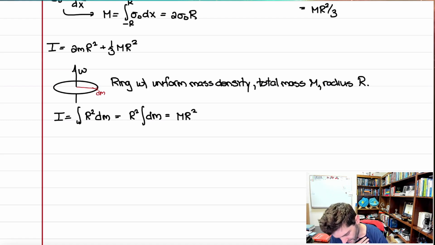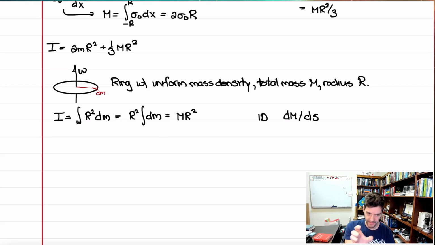Well, if it's a 1D mass density, then that means dm over d, some 1D arc length. This really is a 1D problem because mass is only distributed in a 1D ring around, and that's some constant sigma.